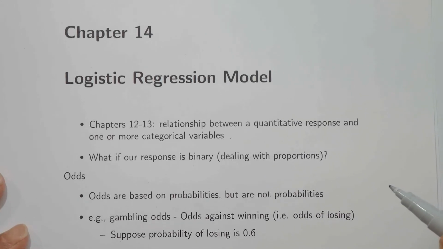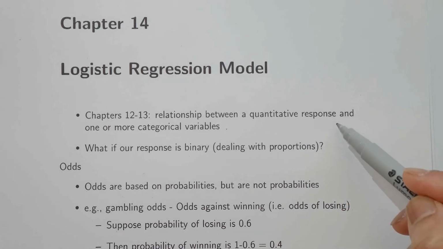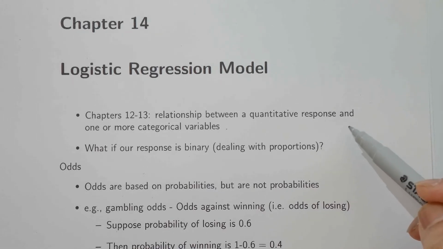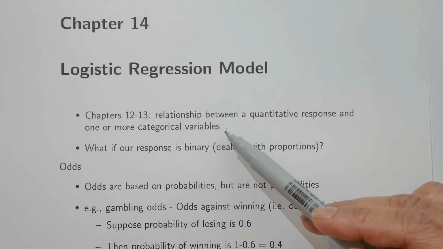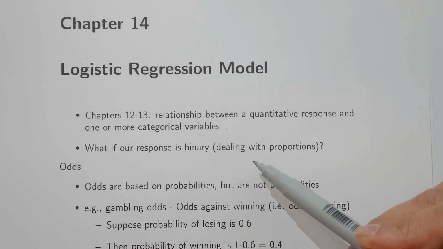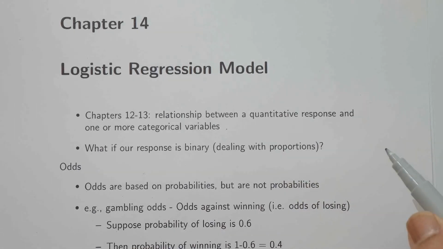So in chapters 12 and 13, we looked at the relationship between a quantitative response, for example, the mean iron content, and its relationship with one or more categorical variables. But what if our response itself was binary? It wasn't quantitative, and it only had two categories, either a success or a failure.